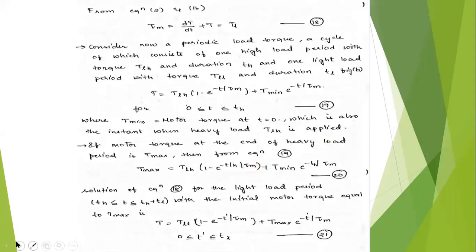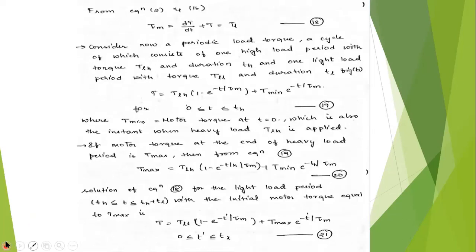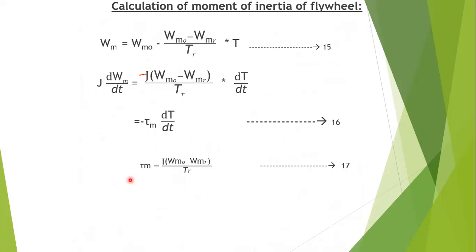From equation 20, tau m is equal to this one; we are converting into logs. So tau m is equal to TH by log e of (TLH minus T minimum) by (TLH minus T maximum). This is the 24th equation. Now from the 17th and 24th equations, we know that tau m is equal to J (omega m naught minus omega mr) by TR.